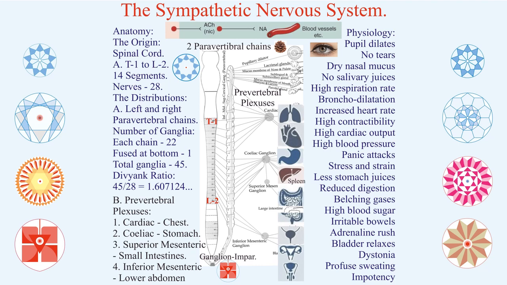There are 4 plexuses right in front of the aorta, right in the middle: the cardiac plexus, the celiac plexus, celiac ganglion or solar ganglion or solar plexus, the superior mesenteric ganglion and the inferior mesenteric ganglion. Now, what are the functions of these particular things? Let's understand very clearly.